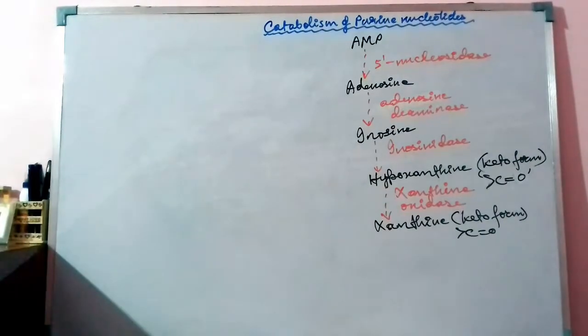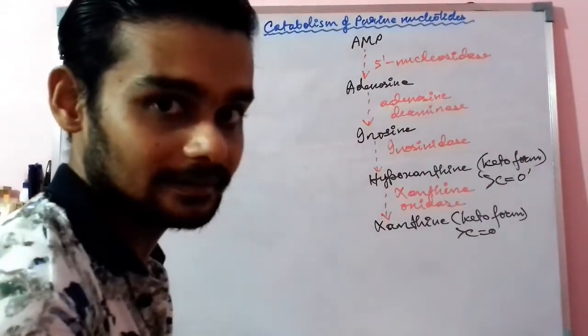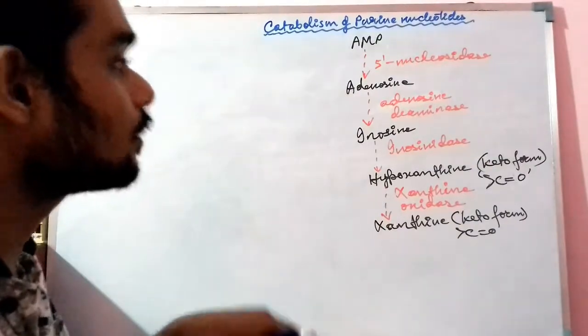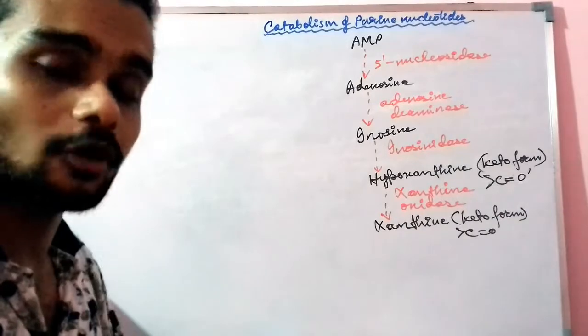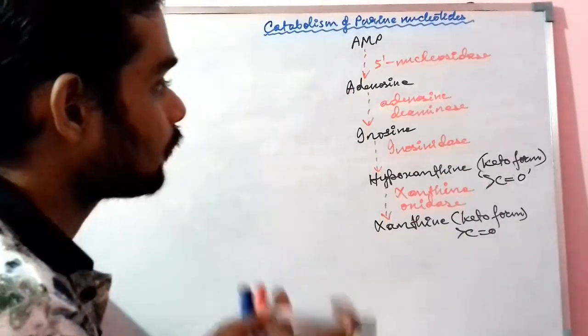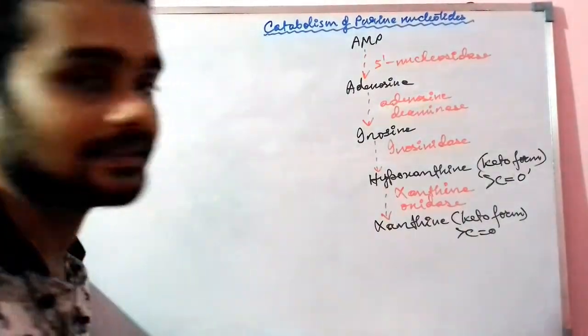Right. Now this inosine residue, in the presence of inosinidase. Inosinidase is another nucleosidase. It helps in the formation of hypoxanthine. Okay. So the inosine molecule is itself also a form of a nucleoside. Now in the presence of inosinidase, it is forming hypoxanthine.